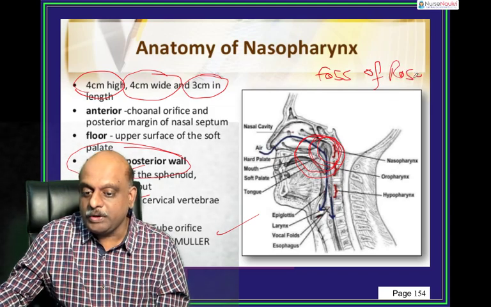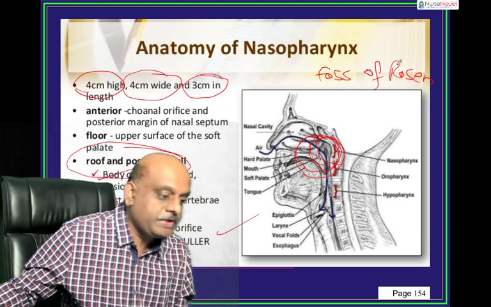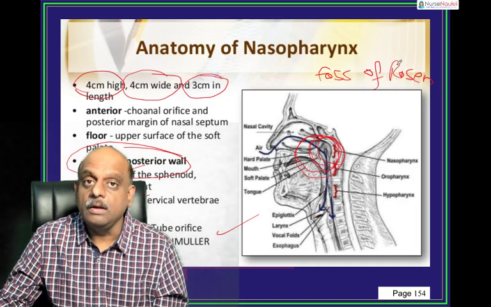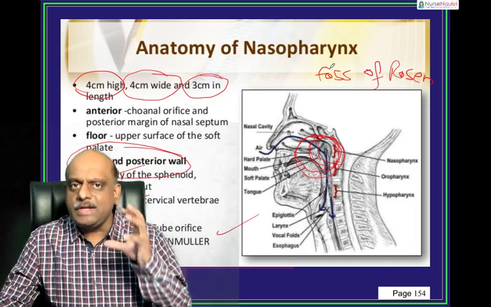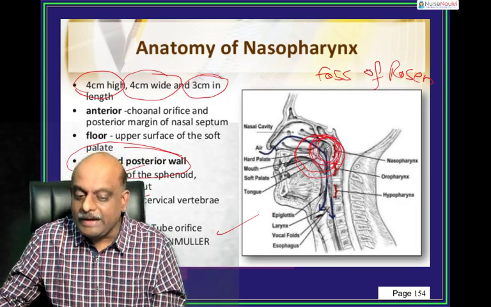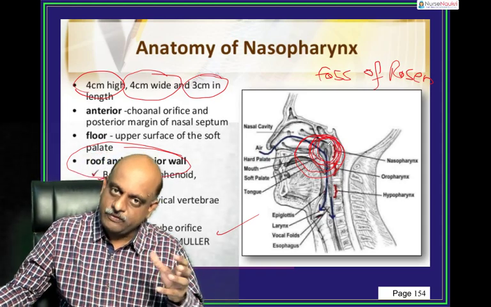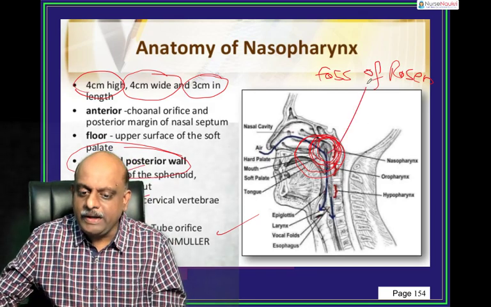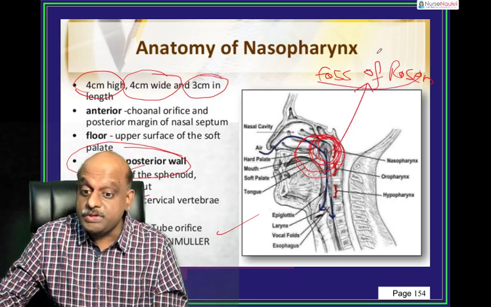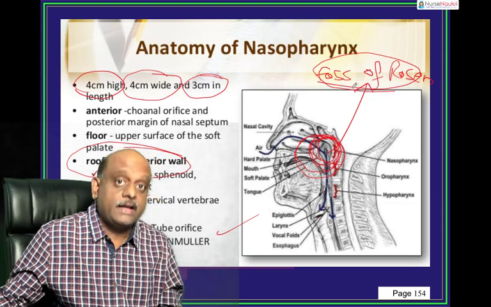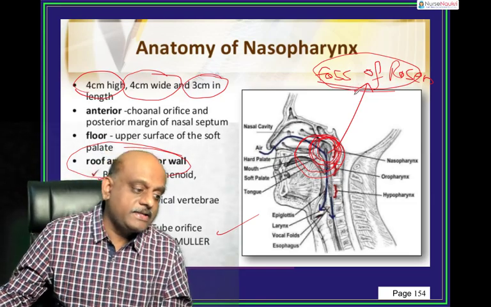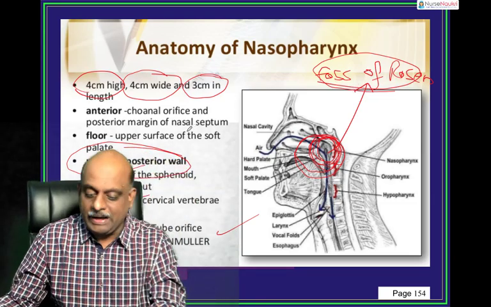Why is this important? When nasopharyngeal carcinoma, the malignancy of the nasopharynx, occurs, it typically starts at the fossa of Rosenmuller, the earliest site. That is the reason we need to remember it, right?